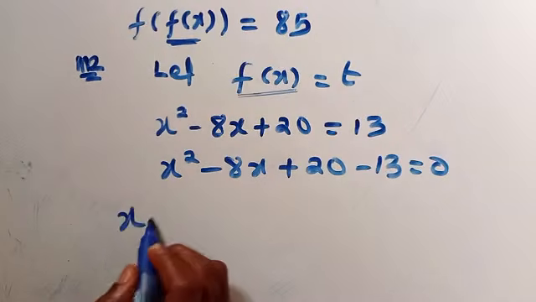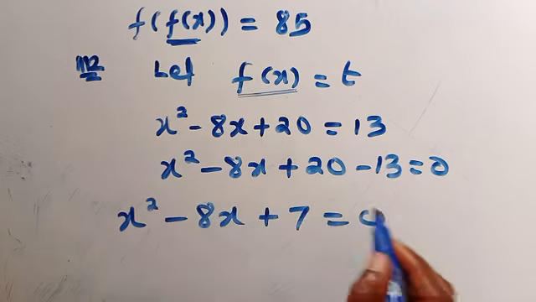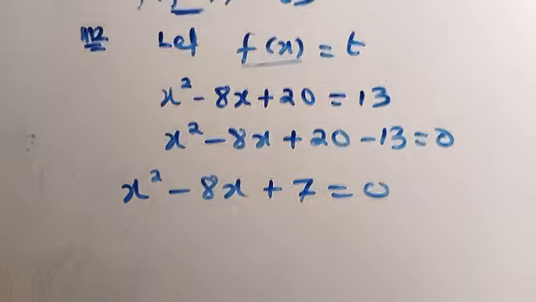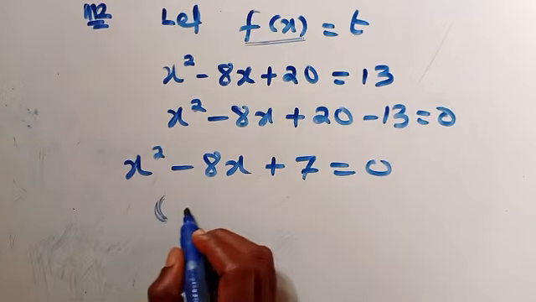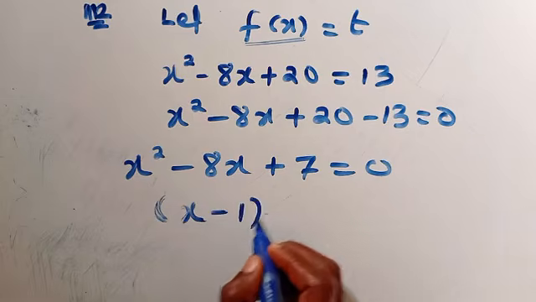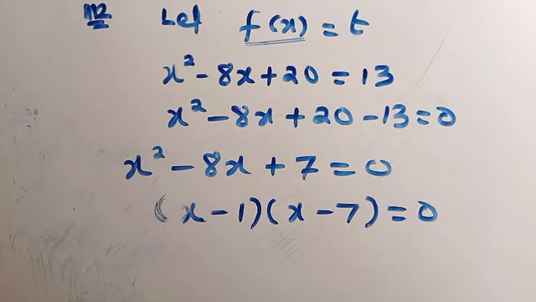And next, we have x squared minus 8x plus 7 equals 0. So by trying to solve this one quadratically, this is factorizable. The factors of this are x minus 1 and x minus 7 equals 0. Which shows that our x here equals 1, 7. So just as we got above.